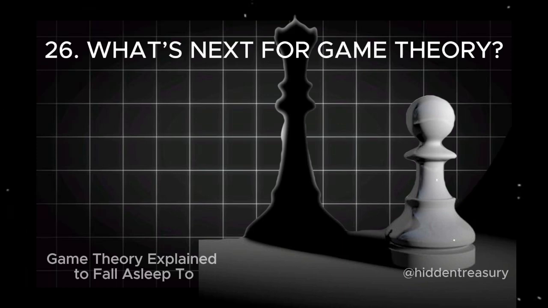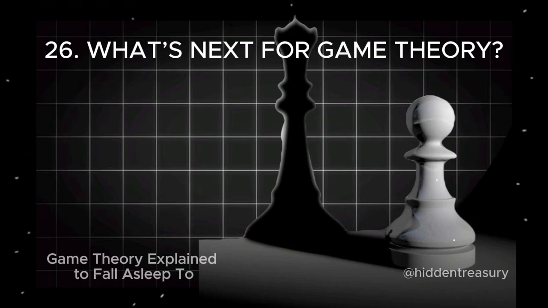Researchers are building AI systems that use adaptive strategies, learning how to play and respond like human decision makers in an ever-changing environment. Another growing area is multi-agent systems. These are environments where many independent entities, people, software, robots, make decisions that affect each other.